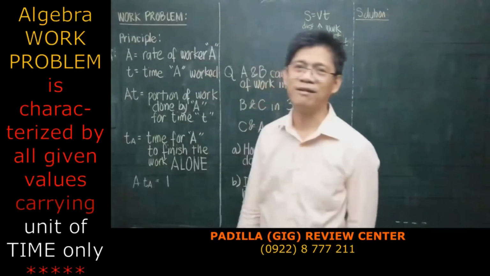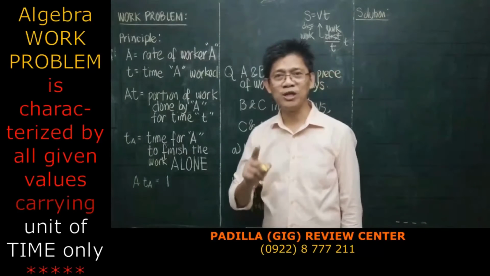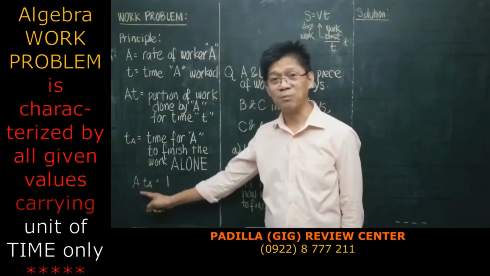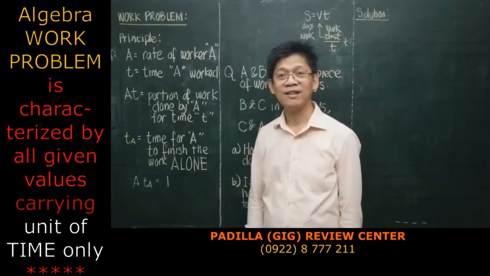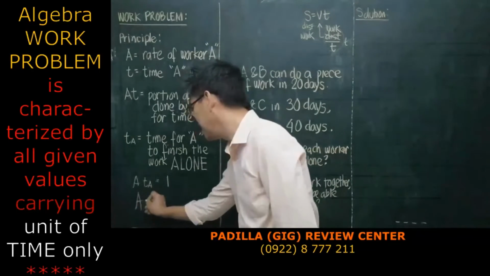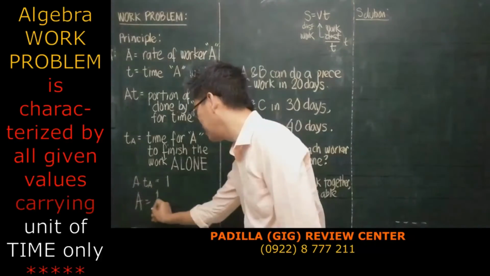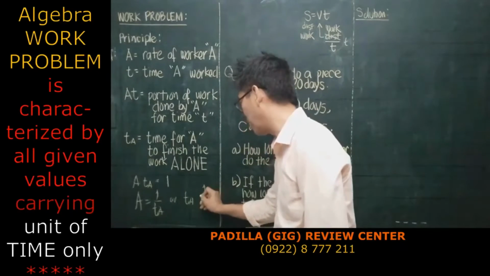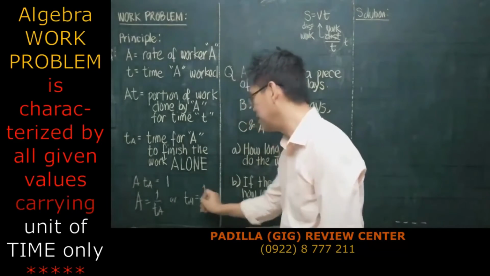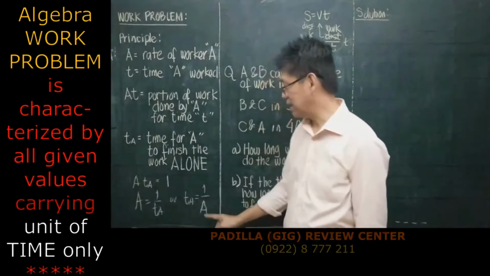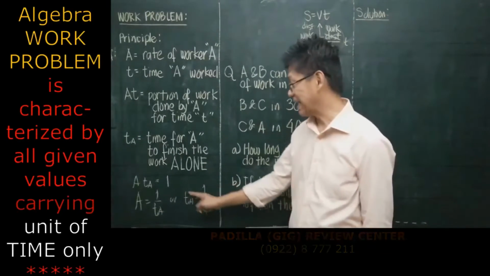So this is equal to 1. So the principle is when the work is completed or is finished, rate times time is 1. So from here we can see that A is 1 over T sub A, or T sub A is 1 over A. The time to finish the work alone and the rate are reciprocals.